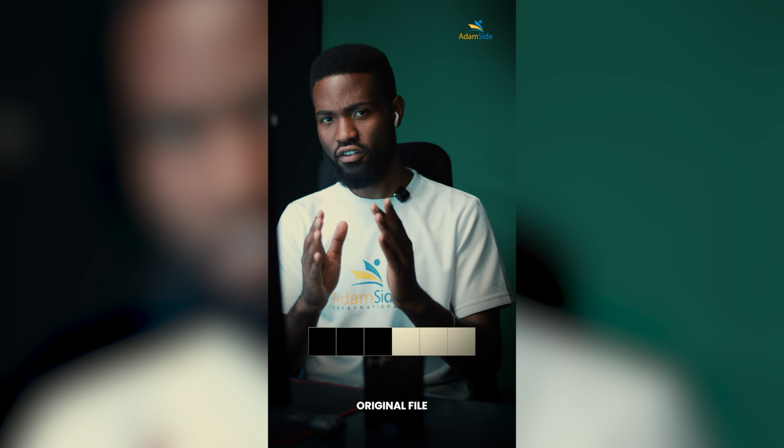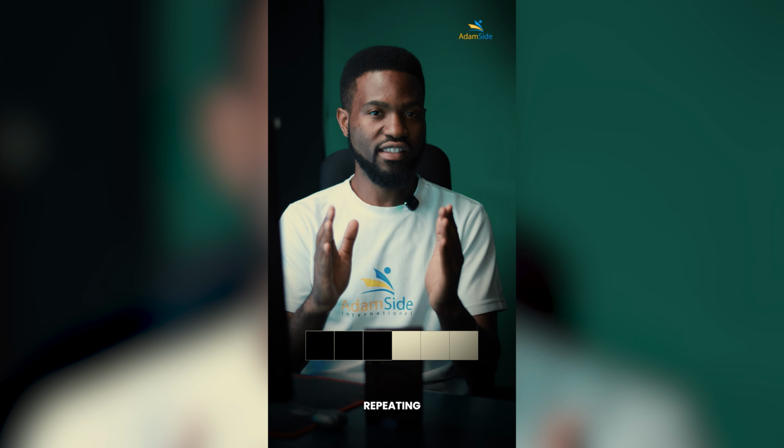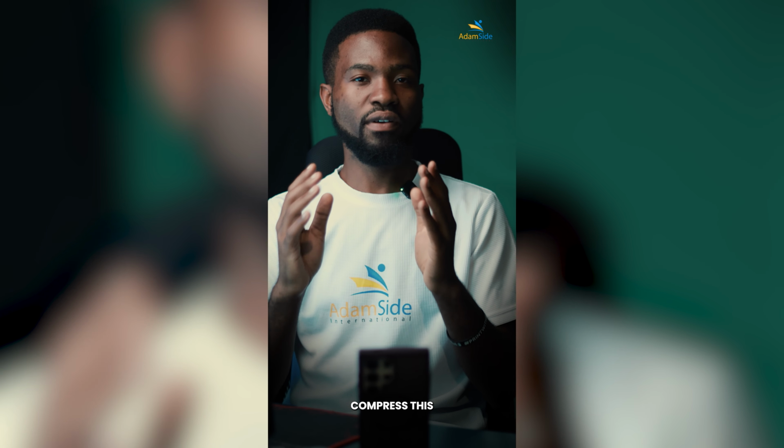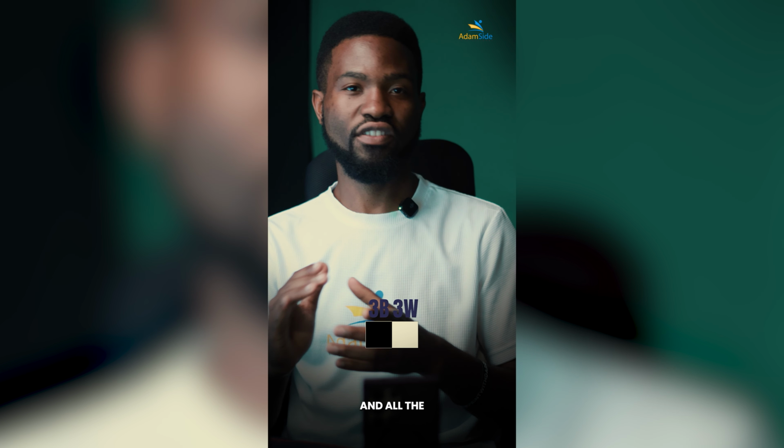That means the original file size of this image is 6 bytes. You can see there are repeating pixels of black and repeating pixels of white. We can compress this image by compacting all black pixels and all the white pixels.